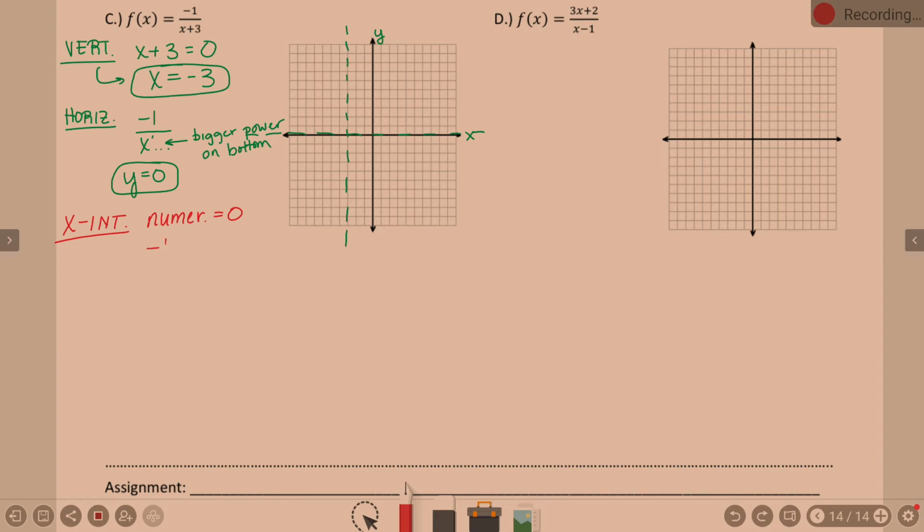Negative 1. Negative 1 equals 0. Does negative 1 equal 0? No. Do I have a variable in my numerator? No. So this fraction can never equal 0. Negative 1 does not equal 0, so there are no x-intercepts.